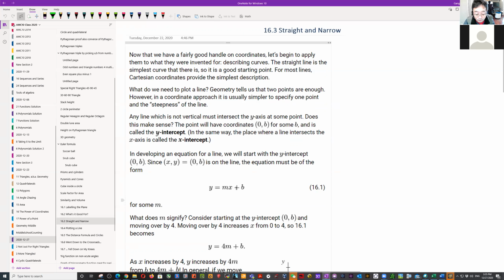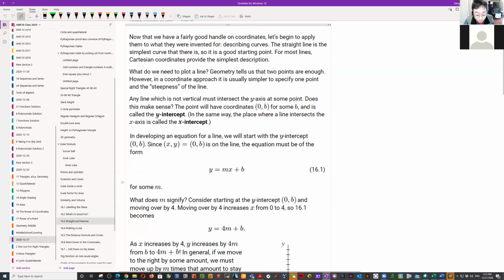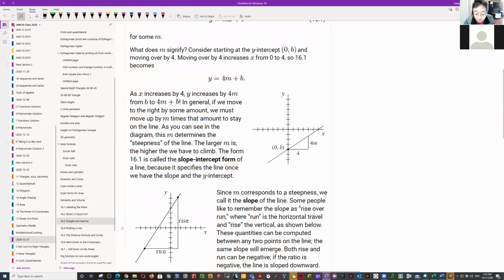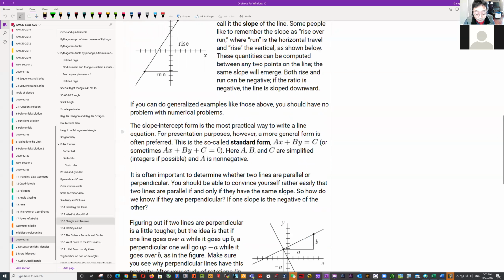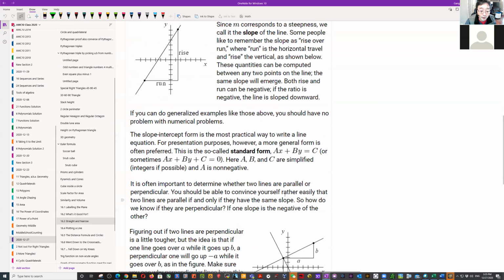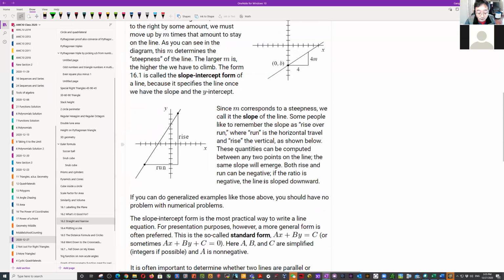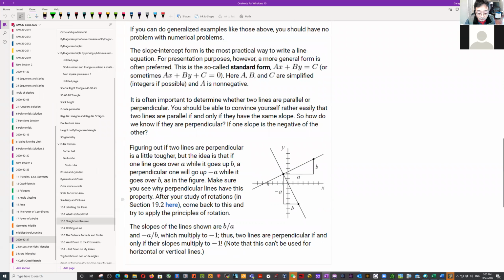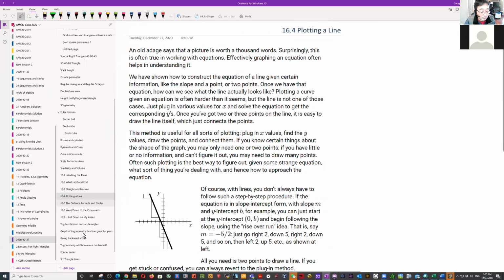For example, y equals mx plus b. m is the slope and b is the y-intercept. Then you are able to get parallel lines just with the same slope, and perpendicular lines with slopes that multiply to -1.